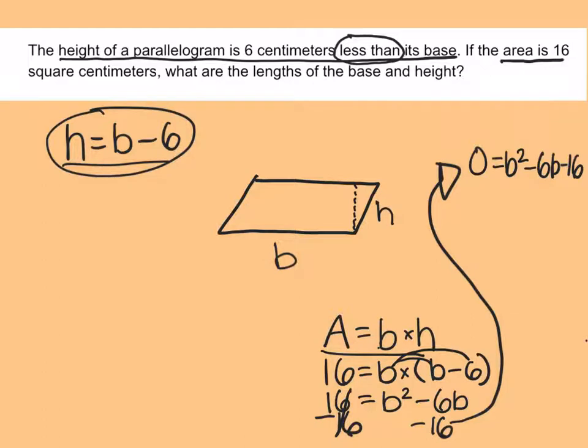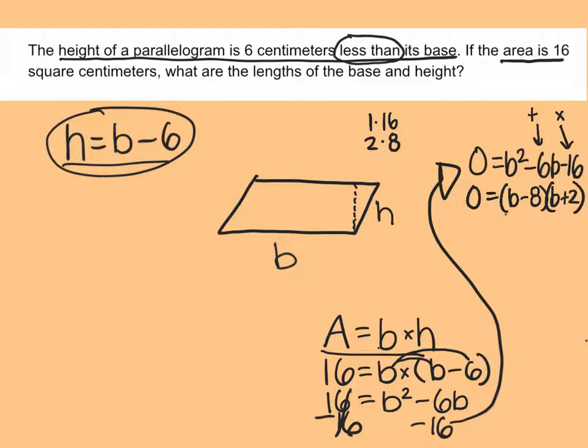So I'm going to factor this trinomial by looking to see what 2 numbers multiply to negative 16 and add to negative 6. So 1 times 16, no. 2 times 8, yes. One will have to be positive and one will have to be negative. So in order to add to the negative 6, I'm going to need a negative 8.